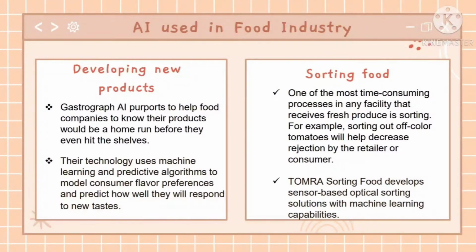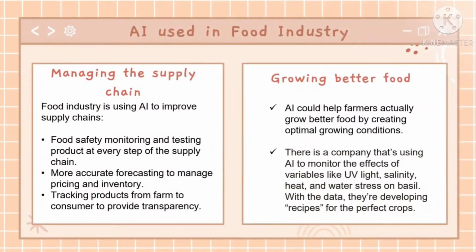Next is for sorting food. One of the most time-consuming processes in any facility that receives fresh product is sorting. For example, sorting out off-color tomatoes will help decrease rejection by the retailer or consumer. TOMRA Sorting Food develops sensor-based optical sorting solutions with machine learning capabilities.